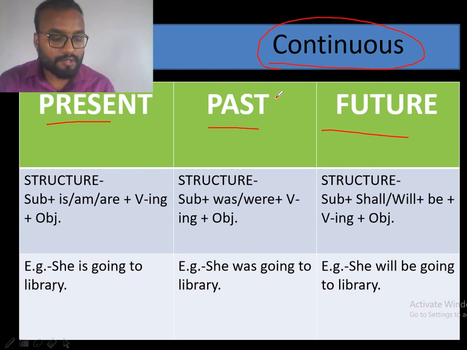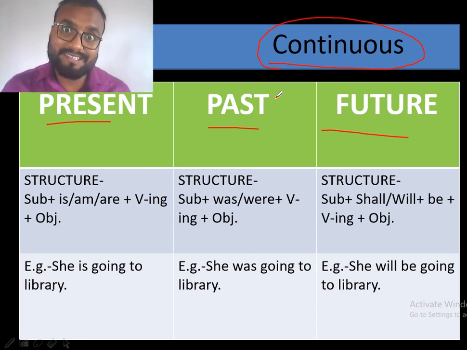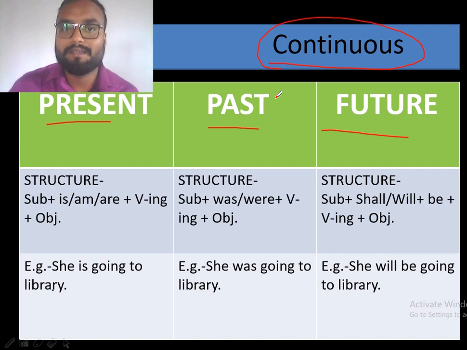So it is used to denote the action which is in progress, but it is temporary in nature, because it may be that right now or at some time in past or in future it will be going on, but it may be completed, it will come to an end. So it denotes a temporary action, not a permanent action.